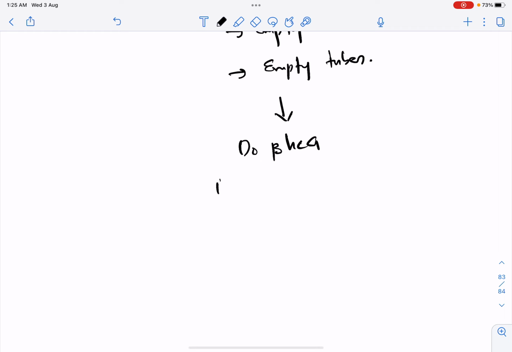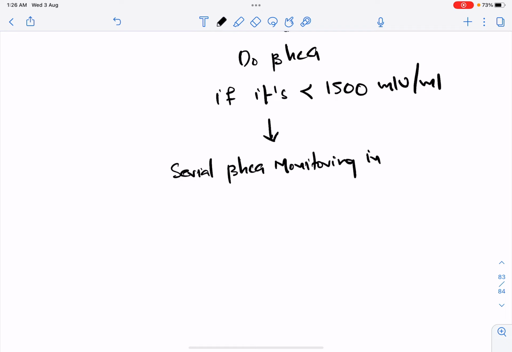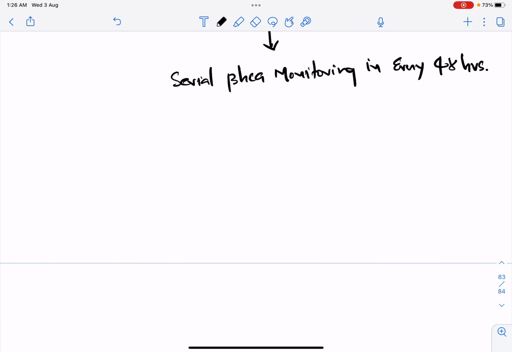If it is less than 1500 milli international unit per ml, then you have to do serial beta HCG monitoring every 48 hours. So how to interpret the results of serial beta HCG monitoring?